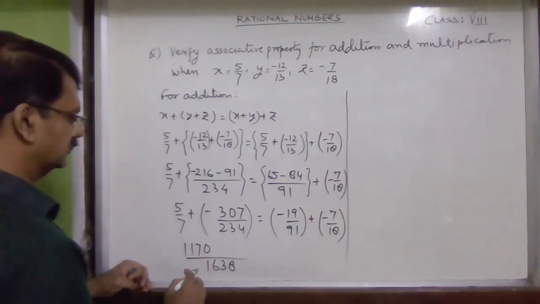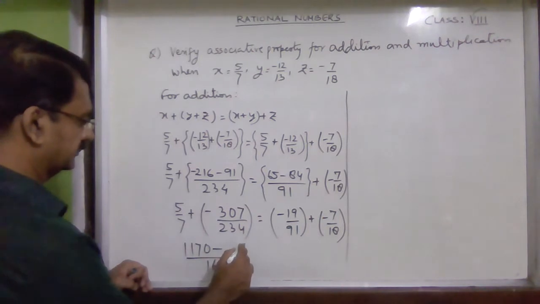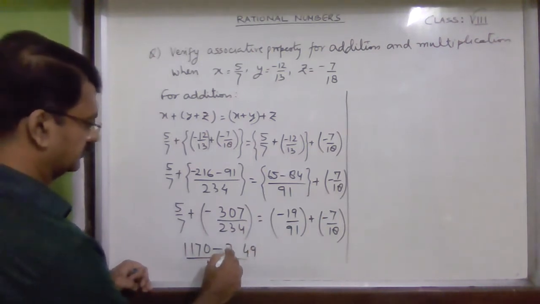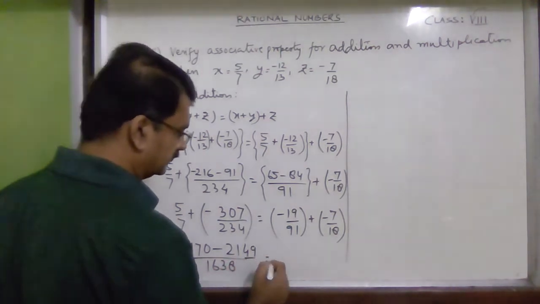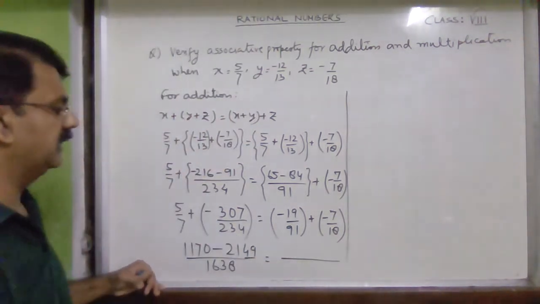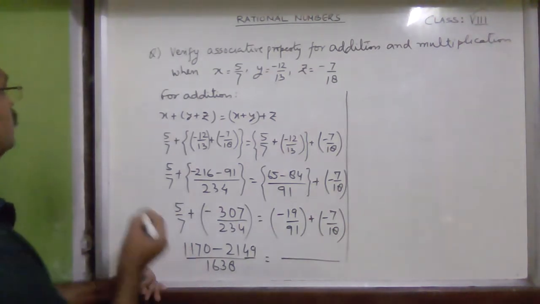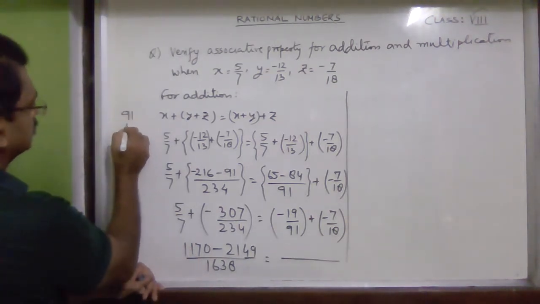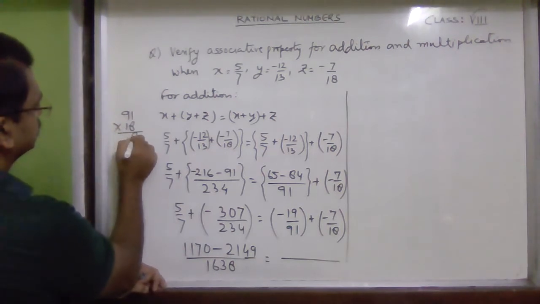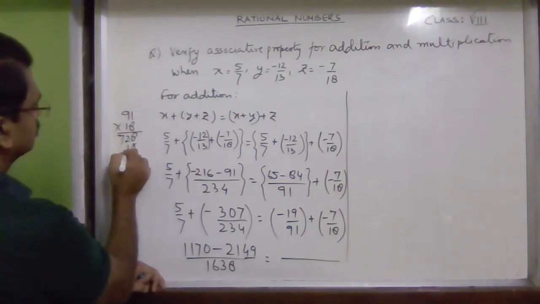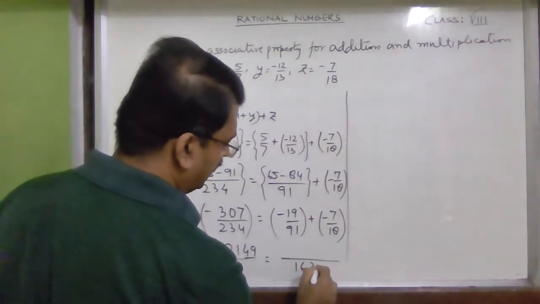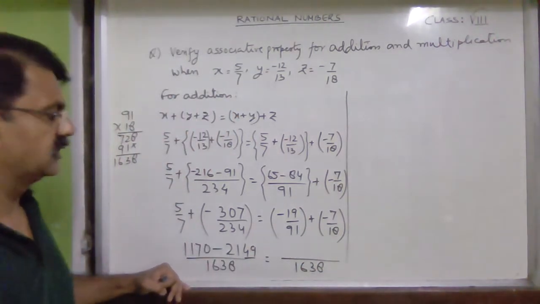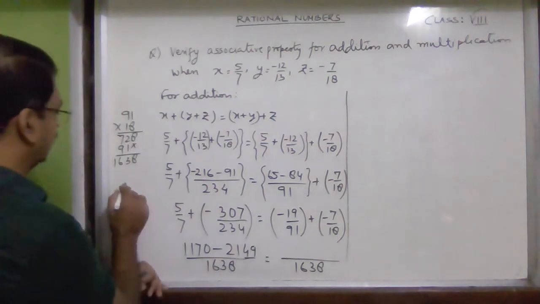And there the LCM will be 91 into 18. So you multiply first 91 and 18, it is 1638. So the LCM is 1638. So 18 into 19.